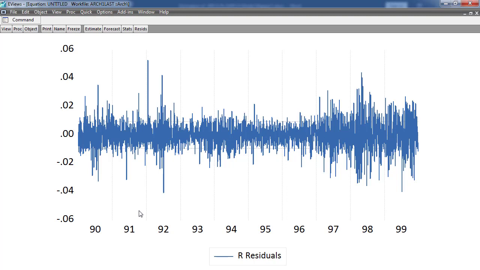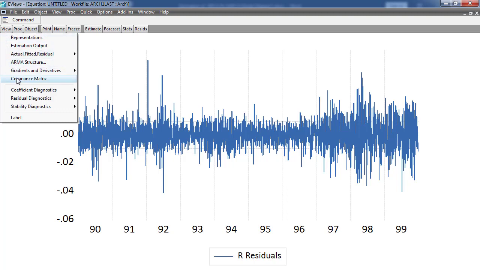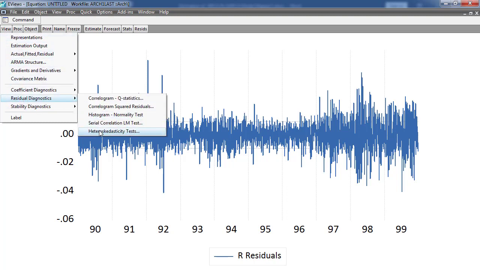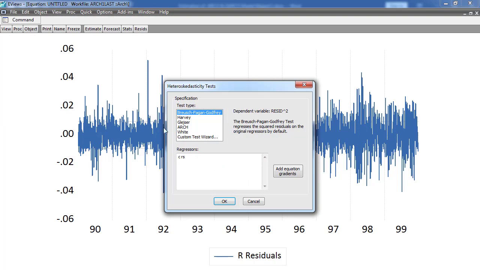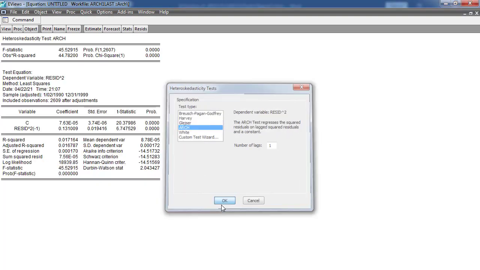After we test the graph, we first have to go to the ARCH diagnostic to check whether the volatility clustering is present in the data or not. I'll go to view, residual diagnostic, heteroscedasticity, and select ARCH, press OK.